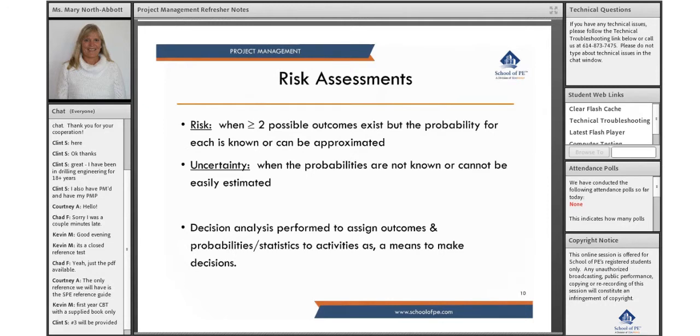Uncertainty is when you don't have any idea what the probabilities are, or you can't really estimate them. And I think it's an important distinction.